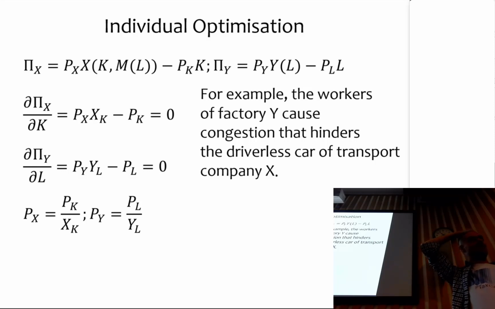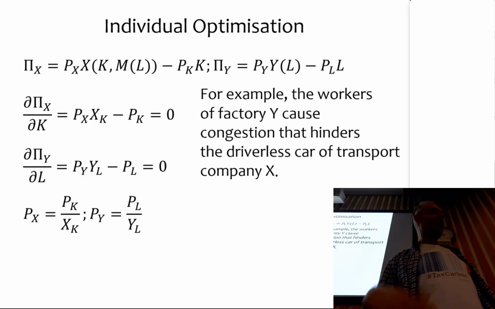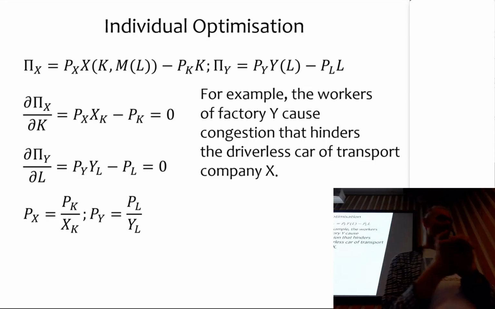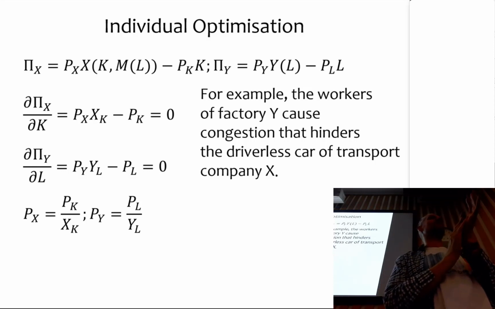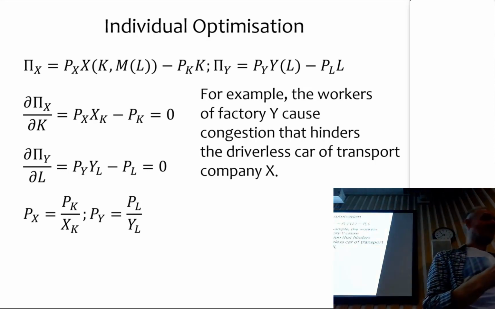Now, this is a very stylized example. Essentially, the way to think about this is that the workers of factory Y, that is the L, all go to work at the same time, cause congestion, and that hinders the transport through driverless cars, because there's no workers in company X, right?